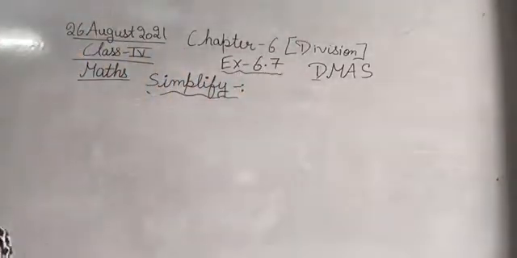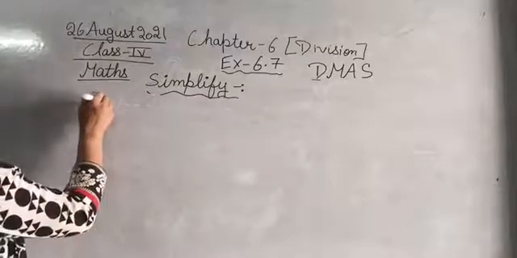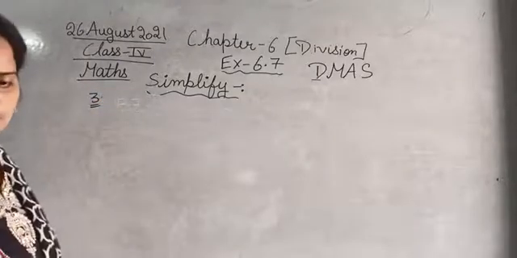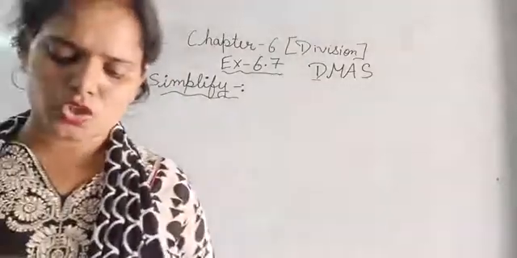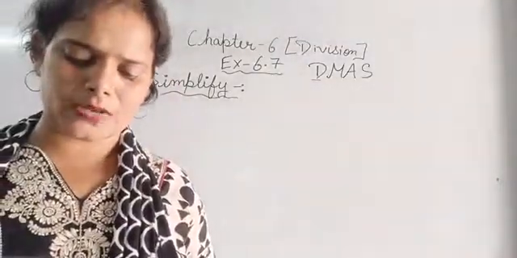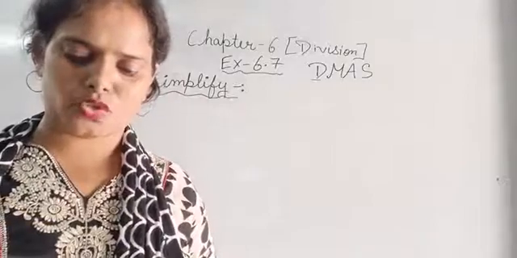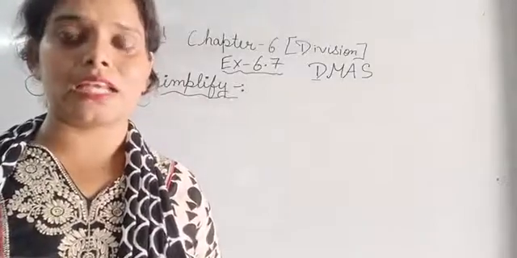The question number 3 is 710 into 12 plus 8013 minus 2526.